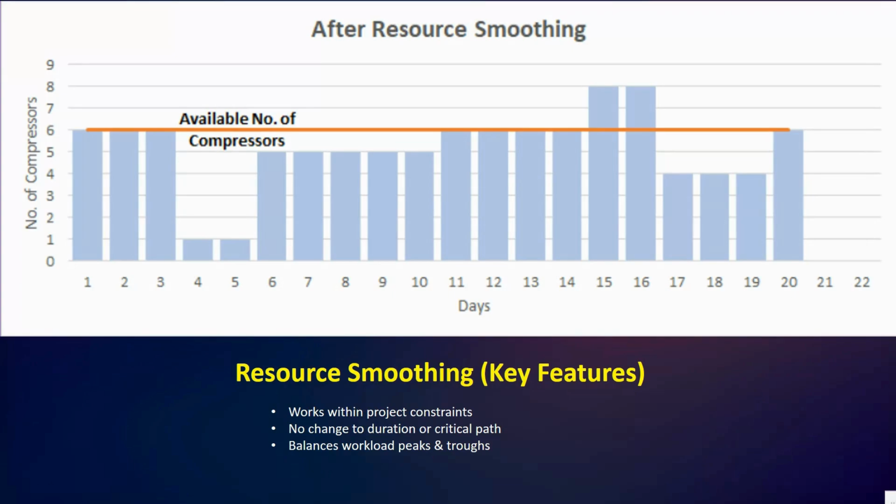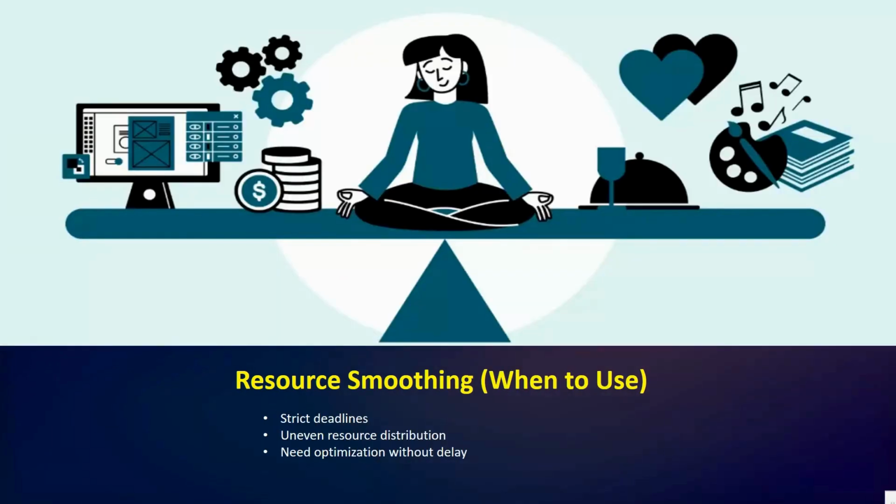Okay, so it does not alter the critical path or extend the project duration, and it focuses on balancing workload so that resources are not overloaded on some days and underutilized on the others. Okay, so it is all about achieving balance while respecting the deadlines in resource smoothing. Okay, so I hope this is clear.